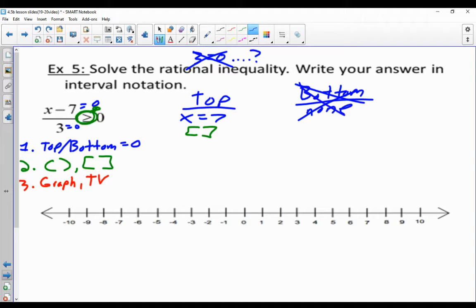So again, we didn't have anything for the bottom, because if you set the bottom equal to 0, you get 3 equals 0, and that's a false statement. So the only thing we have is for the top. The top we have equal to 7, and it's going to have closed brackets at 7, so closed, closed.